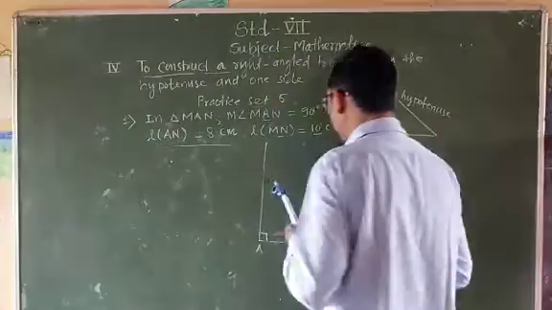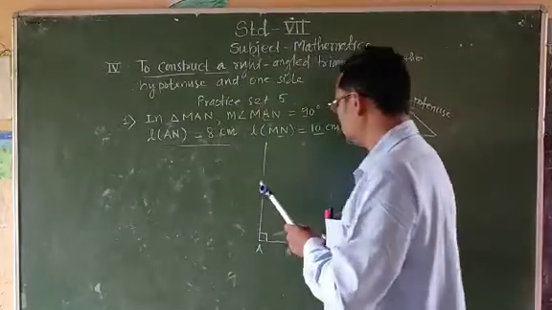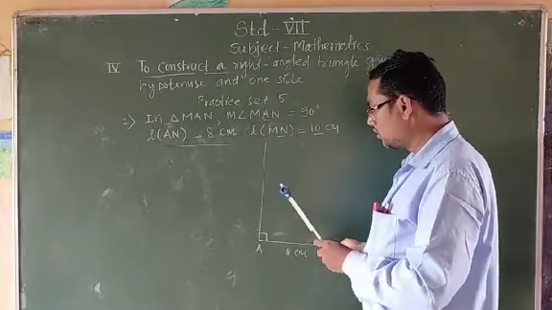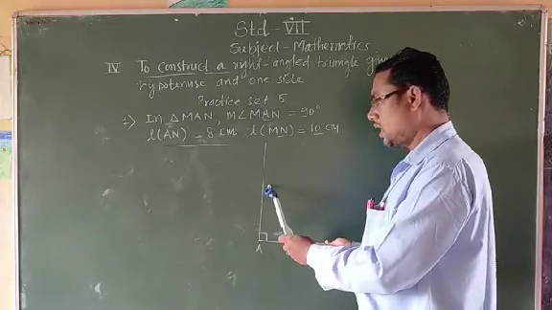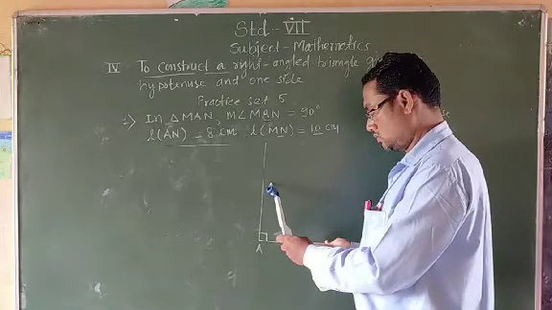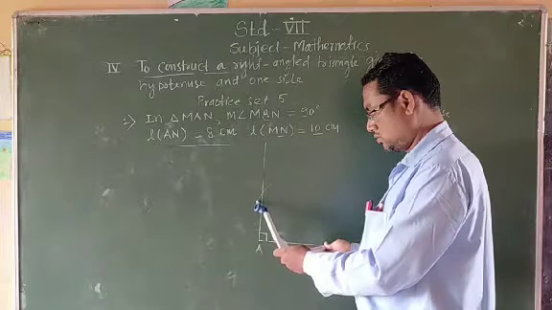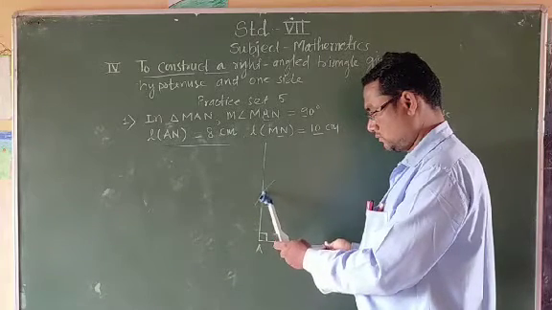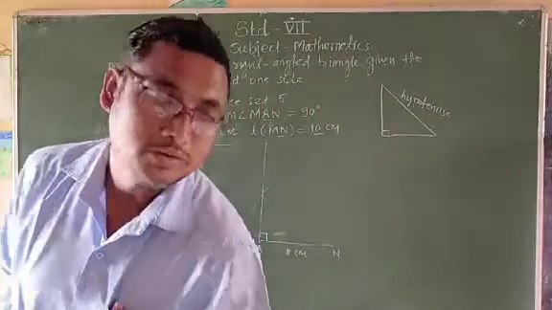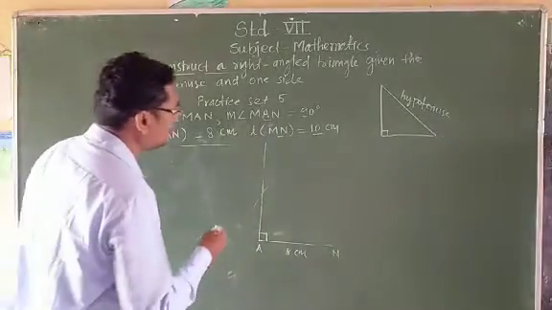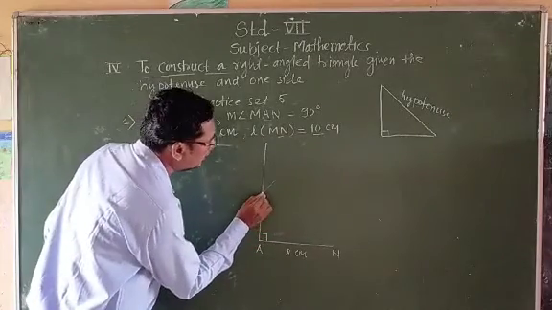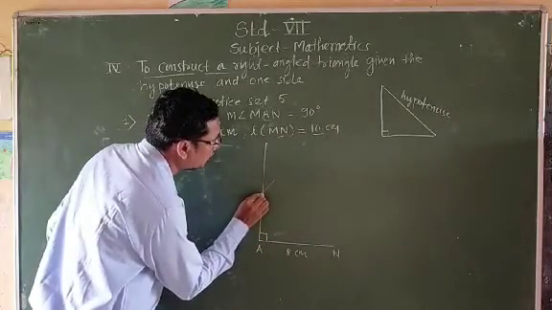Now from the point N, okay, put a pointer on the point N and mark the R. Okay, mark the R. Look here, this R of how much? 10 centimeter. And this R, look here, this R intersect this point. Okay.